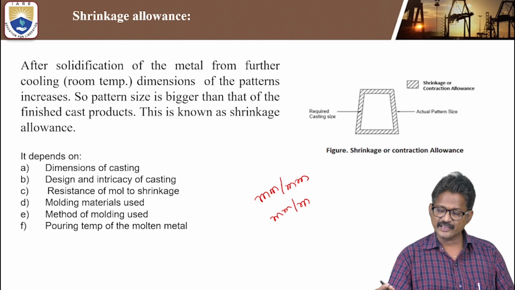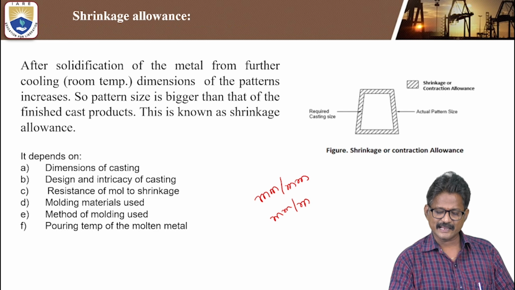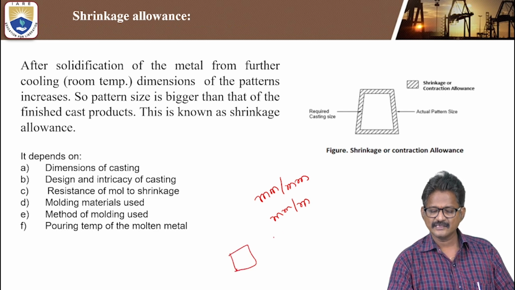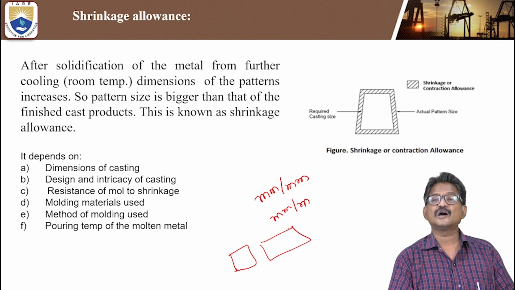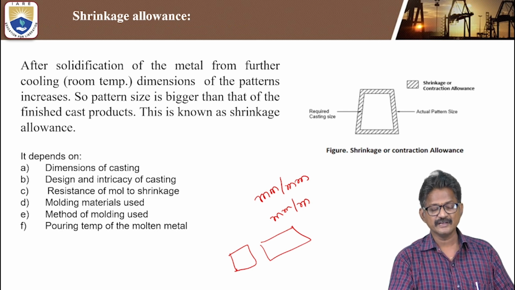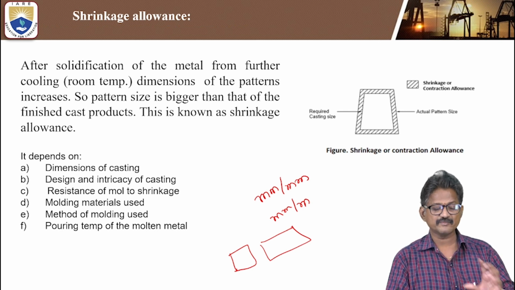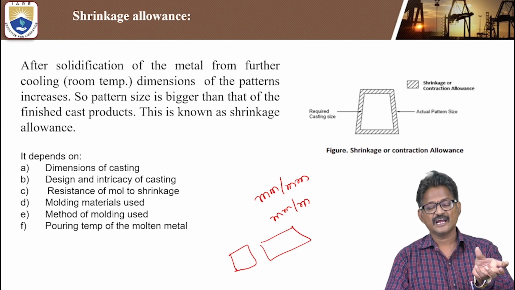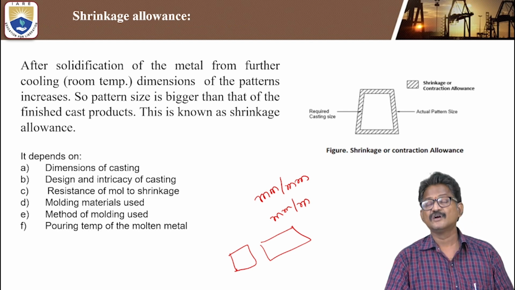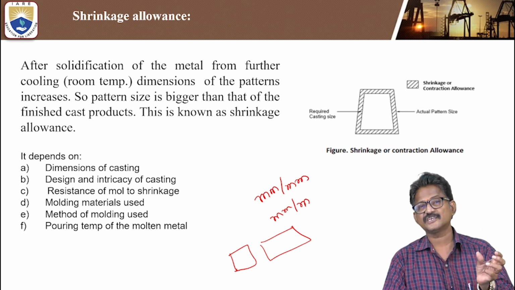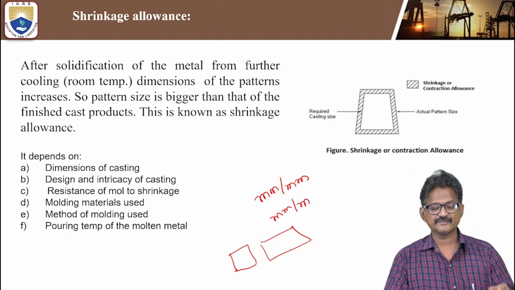If it is a regular component like a square or rectangle piece, what amount of allowance should be provided is simple. For complicated, intricate and different types of components, how much shrinkage allowance should be provided is also very important.